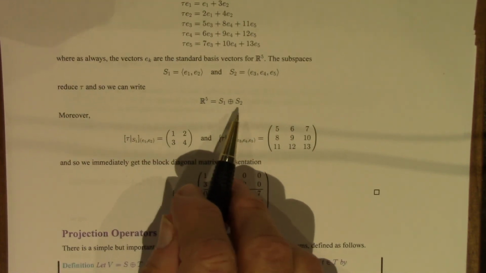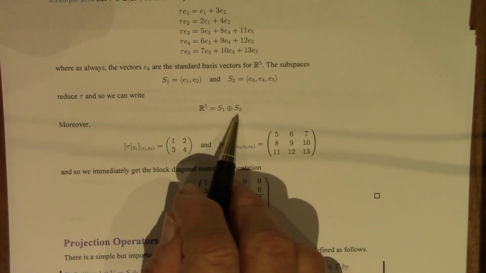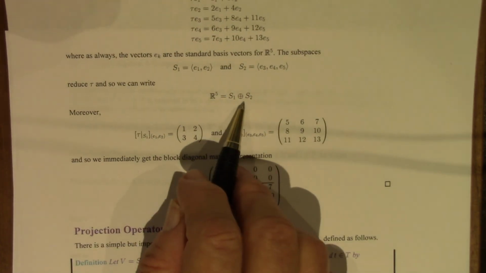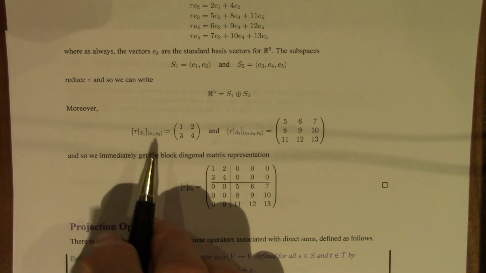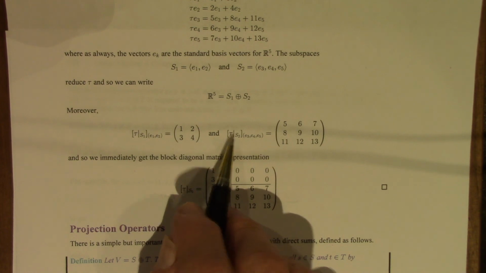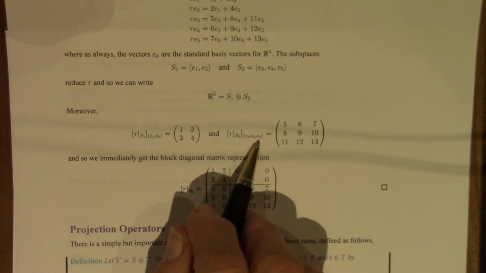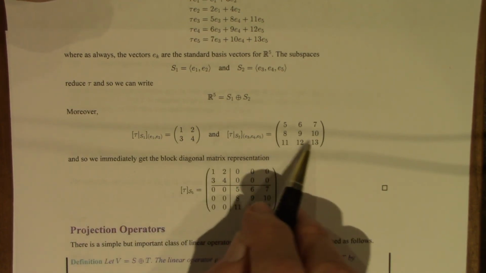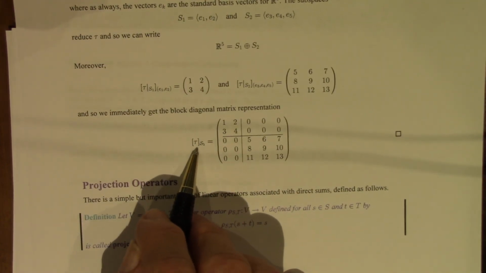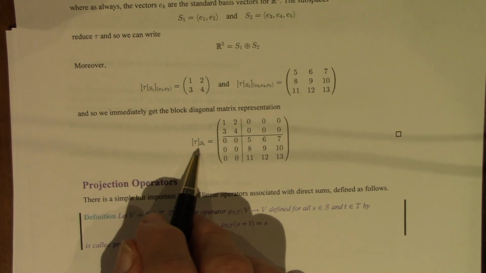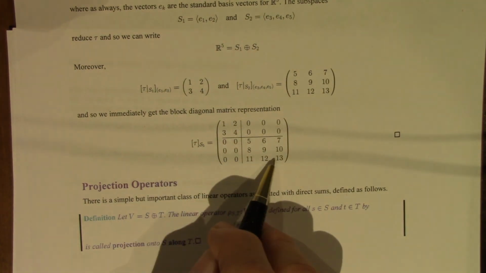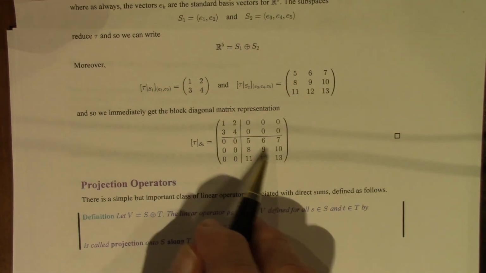So this is a tau invariant decomposition, a tau invariant direct sum. Therefore, each of the restrictions is a linear operator on the respective subspaces, and the matrix representations look like this. So to get the matrix representation of tau with respect to the full standard basis, we just stick these two matrices in diagonal blocks in either order.